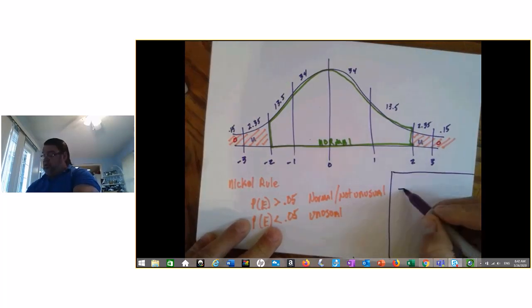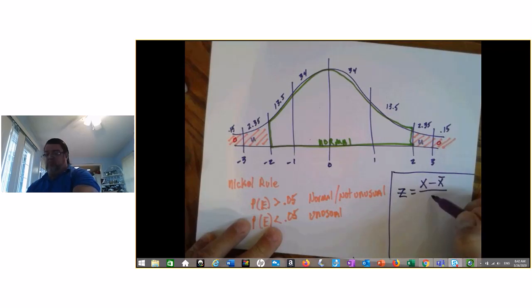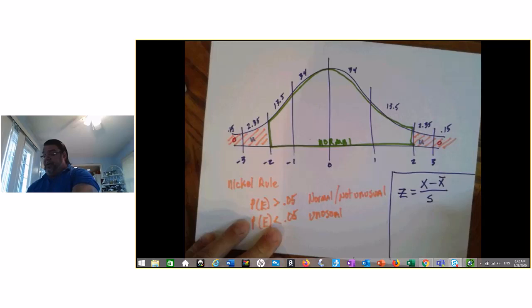All right. Also, the 2 equations that you're going to use with the normal distribution are: z-score is equal to x minus x bar over standard deviation. That's one formula. And the other formula is x is equal to Oz plus mu.